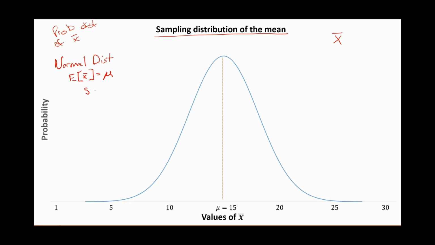And the standard deviation of this sampling distribution of the mean is called the standard error. We oftentimes write that as SE with a little X bar at the bottom. It's equal to the standard deviation of the variable X divided by the square root of the sample size. All right, that's review from last time.